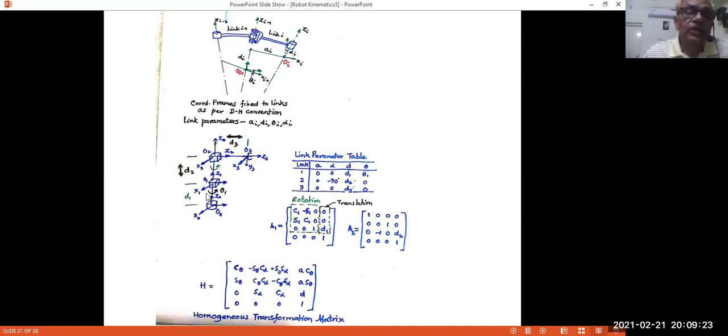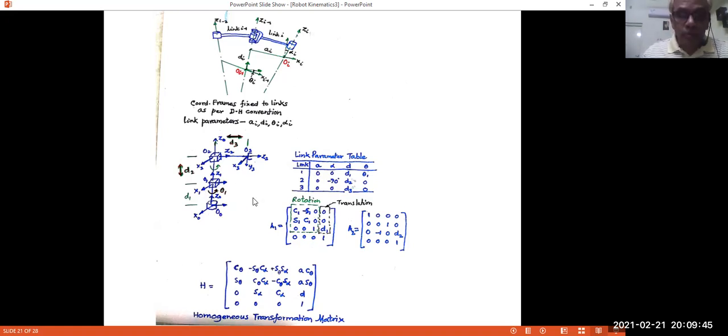This is a rotary joint, so theta 1 we don't make 0. We make it a joint variable and leave it like that. In this, a and alpha happen to be zeros and d1 happens to be a fixed geometric constant for a given robot, and theta is something that will be a variable for this revolute joint.